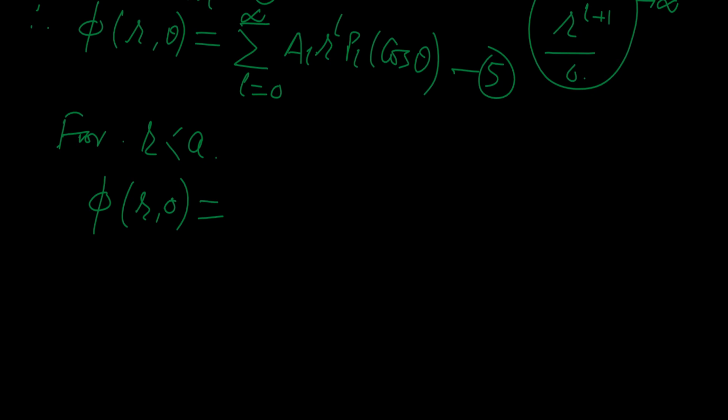This is in fact q over 4 pi epsilon naught into 1 over a square plus r square to the power half.